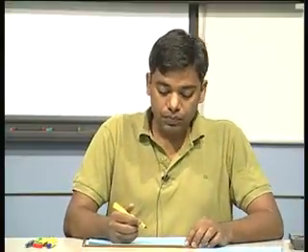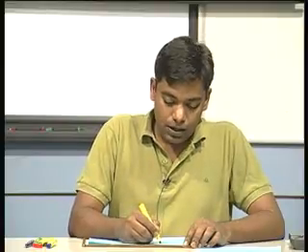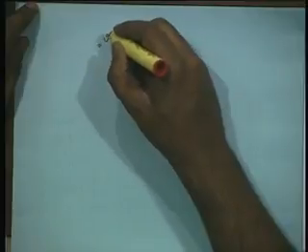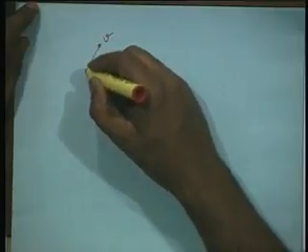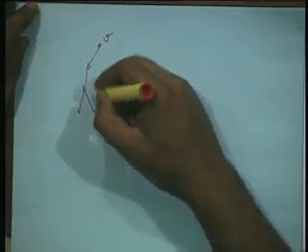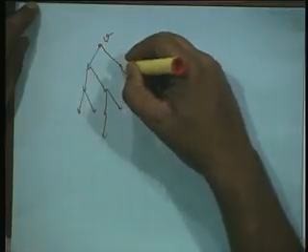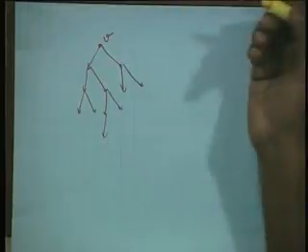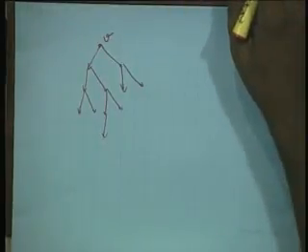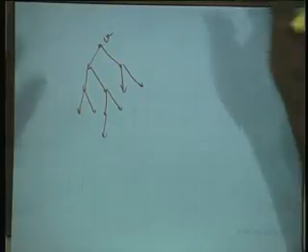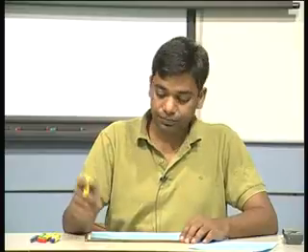So, let us say I take one vertex v and I do a DFS from here, and when I do a DFS from here, I visit all the vertices in the graph. This is the DFS tree I obtain, and if these were the only vertices in the graph, then I have visited all the vertices of the graph. So what do I know? I know that there is a path from v to every vertex in the graph.